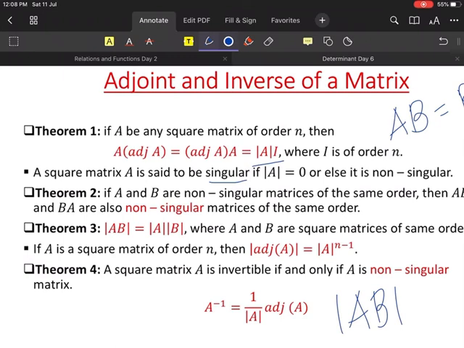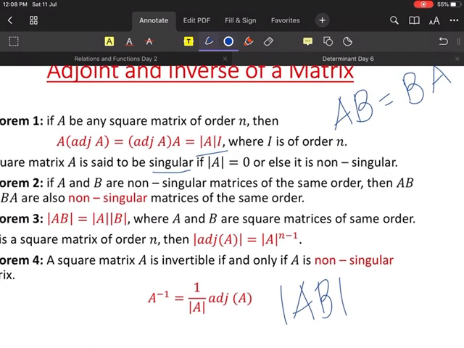For determinants, the determinant of the product matrix is equal to the product of their determinants. Am I clear? Understood?